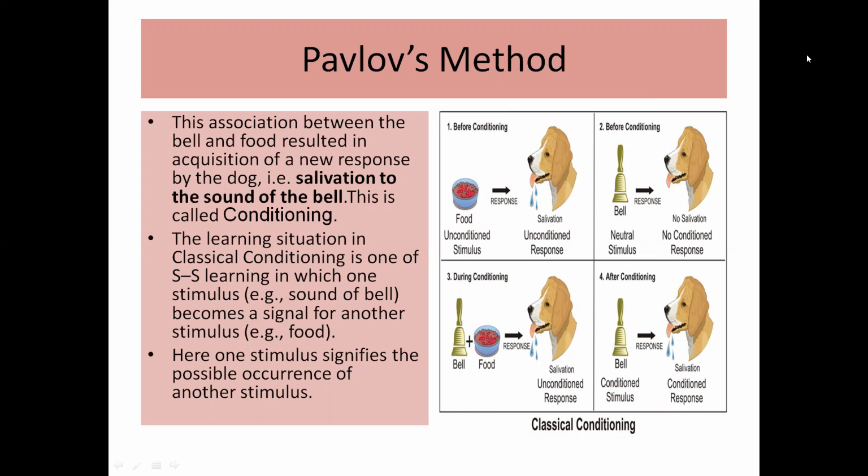But during the conditioning, when the pairing of the bell took place with the presentation of the meat powder or the food, the salivation took place initially as an unconditioned response, but after a certain number of trials, or after complete conditioning, you can say, the bell itself became an indicator for the food and automatically produced salivation, which became the conditioned response.